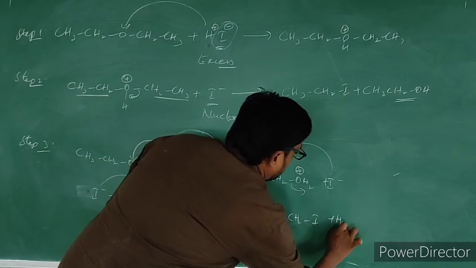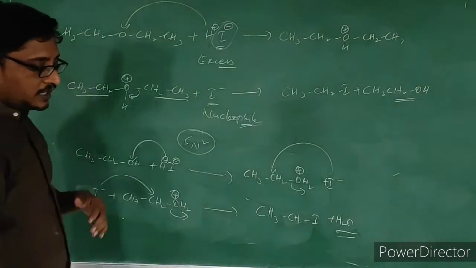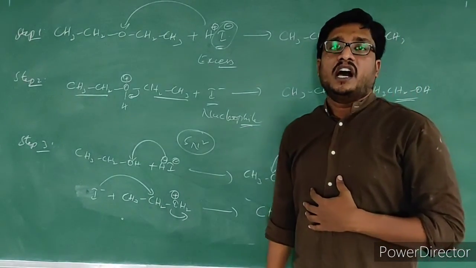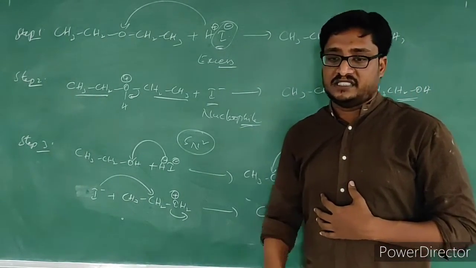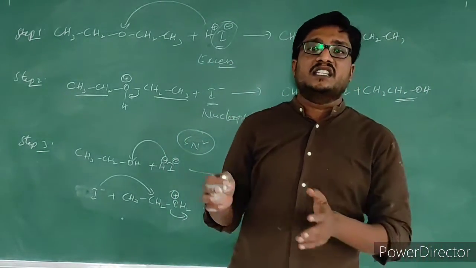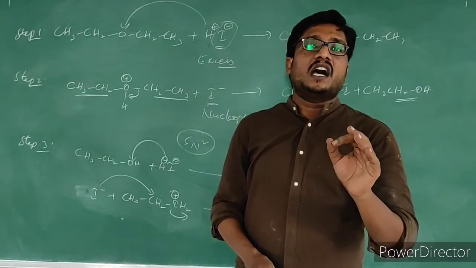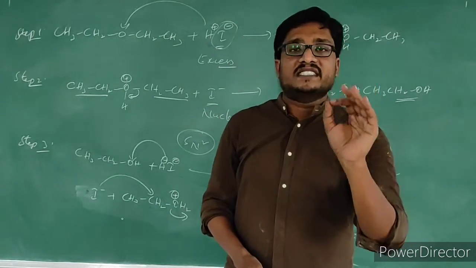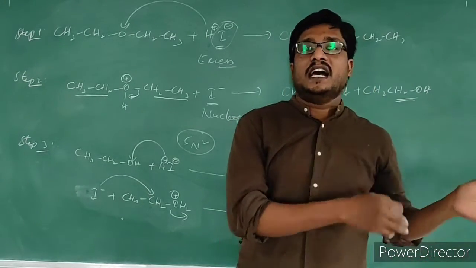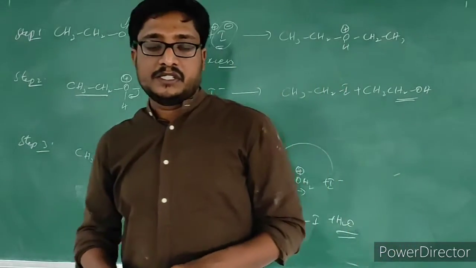So this is one chemical reaction of ethers. When ethers are treated with hydrohalic acids, nothing but hydroiodic acid or hydrobromic acid, alkyl halides are the products. Remember that alkyl halides are the only products when excess hydrogen iodide is taken. If not, alcohol and alkyl halide get produced. Please take this.